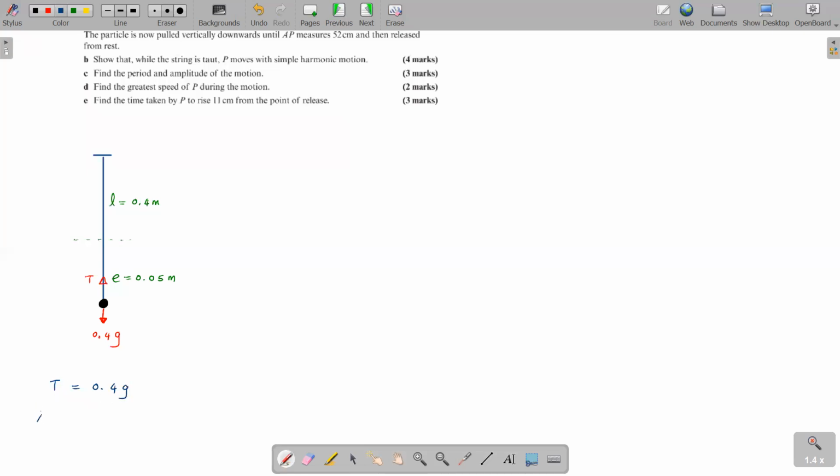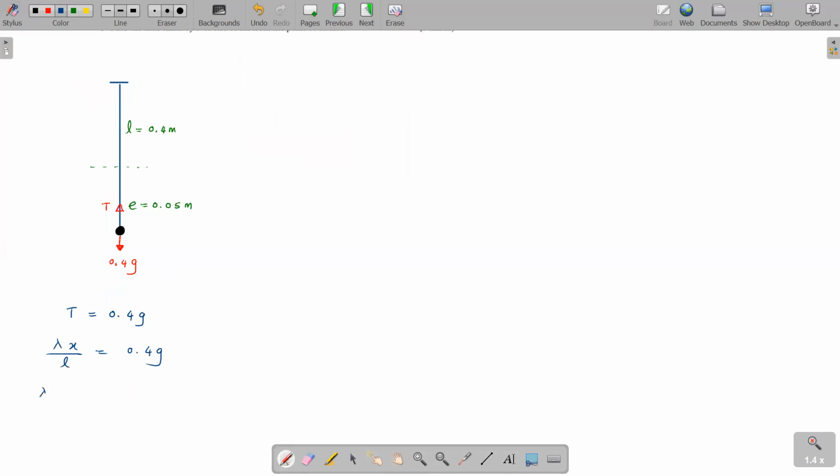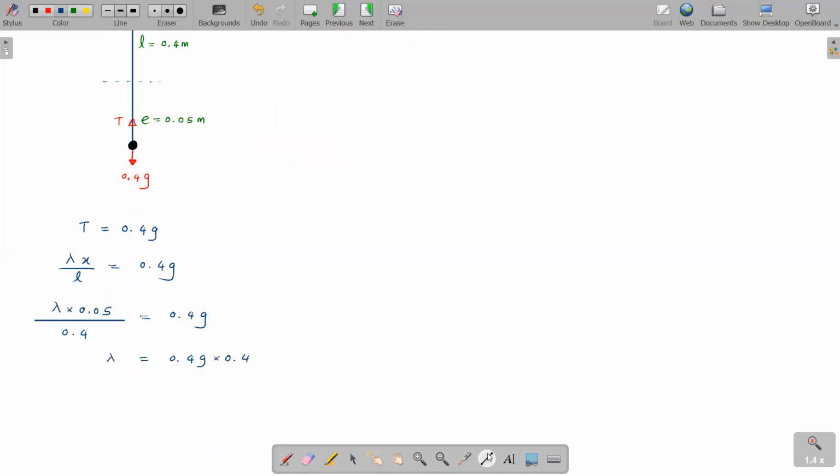The tension is lambda x over L equals 0.4 g. Lambda is unknown. X is the extension of the string, 0.05, over natural length, which is 0.4, equals 0.4 g. So get the lambda value: 0.4 g into 0.4 divided by 0.05.